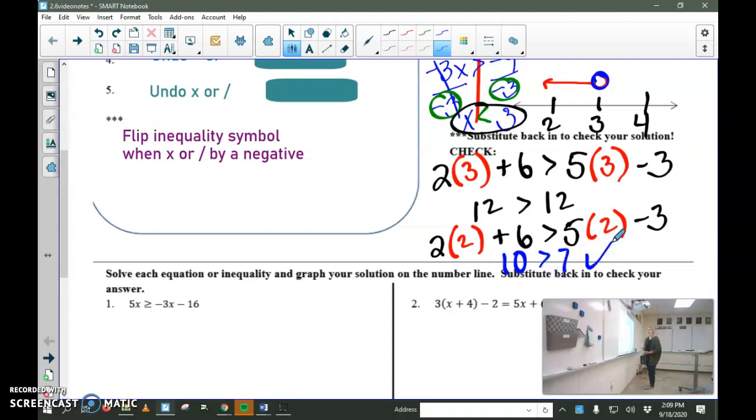Look, when I chose a number within the region that arrow was moving and substituted it in, I got a true statement. In fact, any number in the region of that arrow we draw, if I substitute that back into my inequality, the original one, I should get a true statement. Okay?